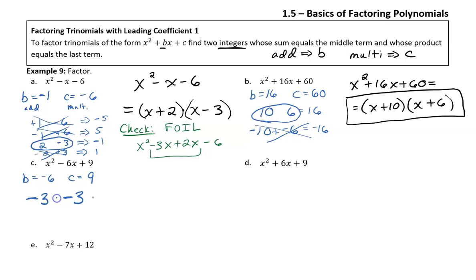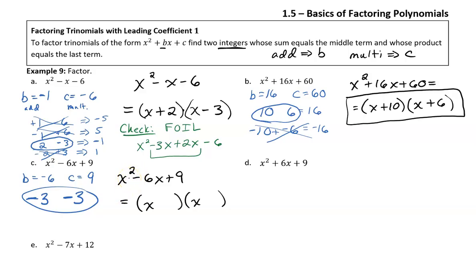Multiply them. I get a positive 9, which is good. Add them. I get a negative 6, which is what I want, right? So we're good. We have our values: negative 3 and negative 3. So let's write our factors then. We have x squared minus 6x plus 9, parentheses, x times x, this gives me that x squared.